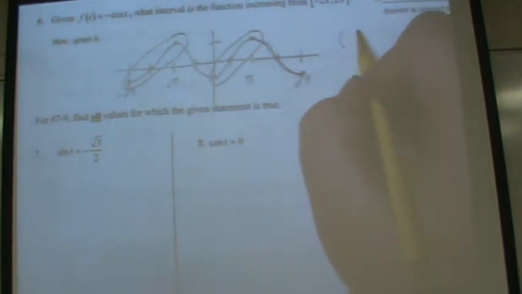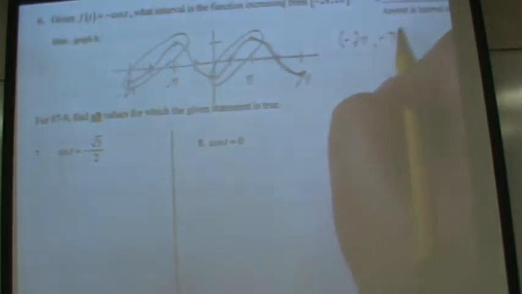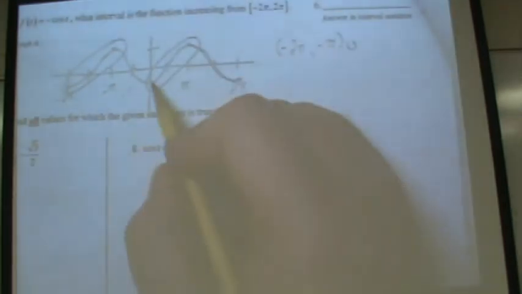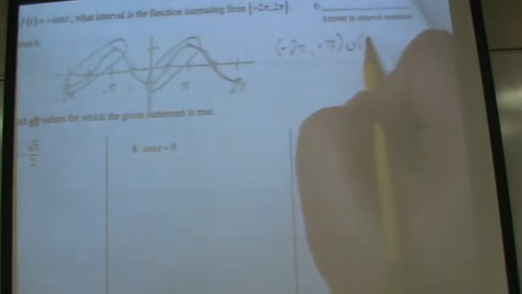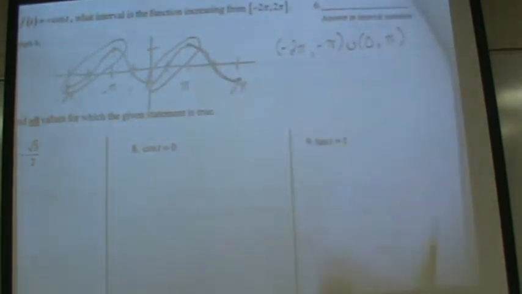So we have parentheses, negative 2 pi is where we start here, and it ends at negative pi. And then union, our second portion starts at 0 and goes to pi. So that is the interval where the function is increasing. So you have two sections.